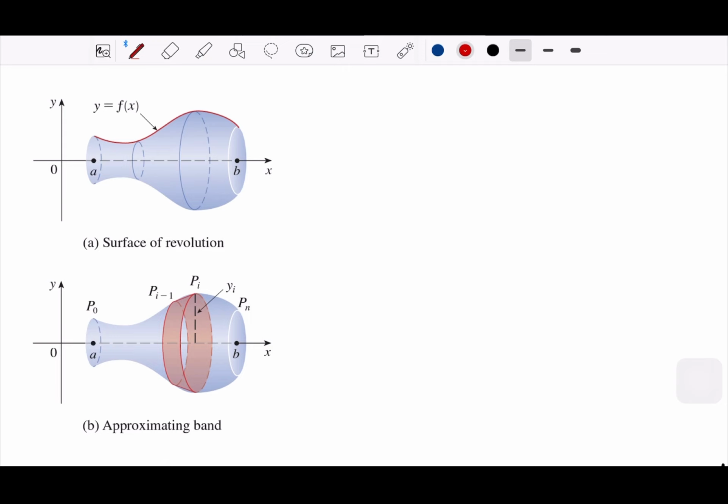Sometimes I also have some experience when reading mathematics notations. If you are not familiar, you might wonder why it has this. This is just any point. Let's make the name x sub i minus 1. I also wondered why they name it like this, but it is just to make it easy to compute.